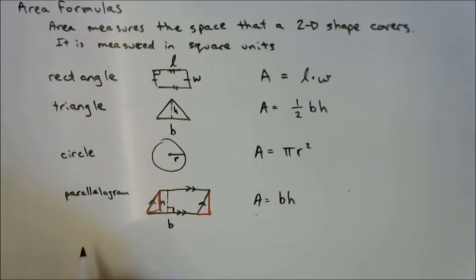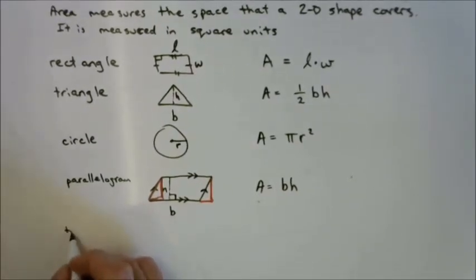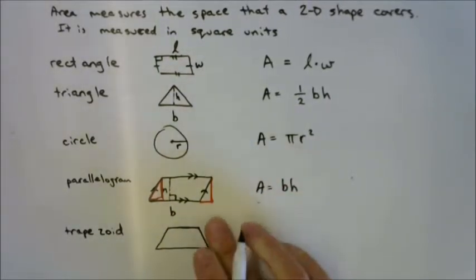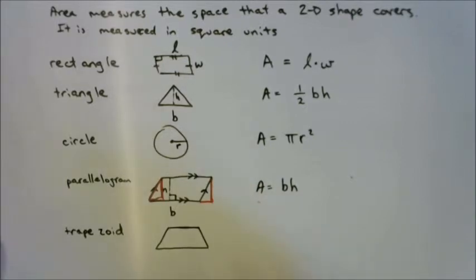Good. And then our last shape that we're talking about is a trapezoid. Draw yourself a simple trapezoid. It's got a little parallel line on the top and a longer parallel line on the bottom, and then kind of connect those sides. Okay?